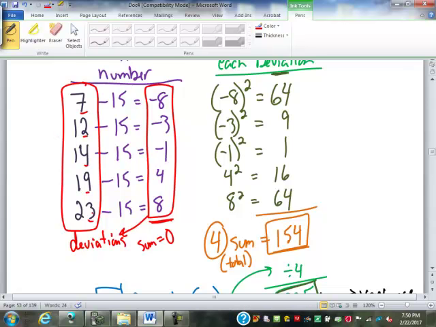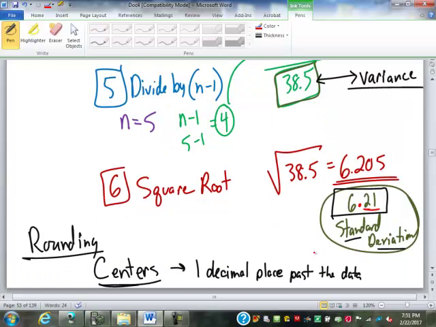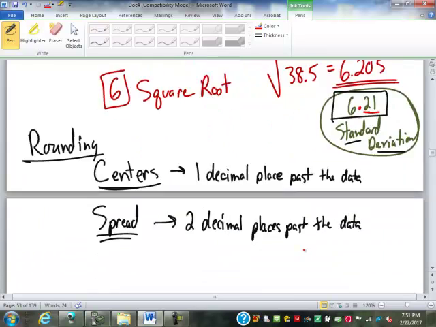There are no decimals. That's why I rounded this to 6.21, because that's 2 decimal places past what the data is expressed in. Our data values have no decimal places, so our spread will have 2 decimal places at most.